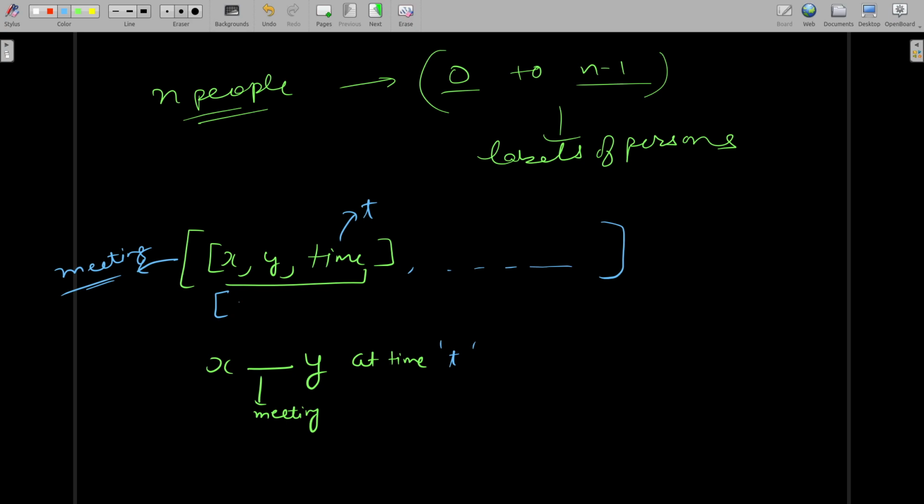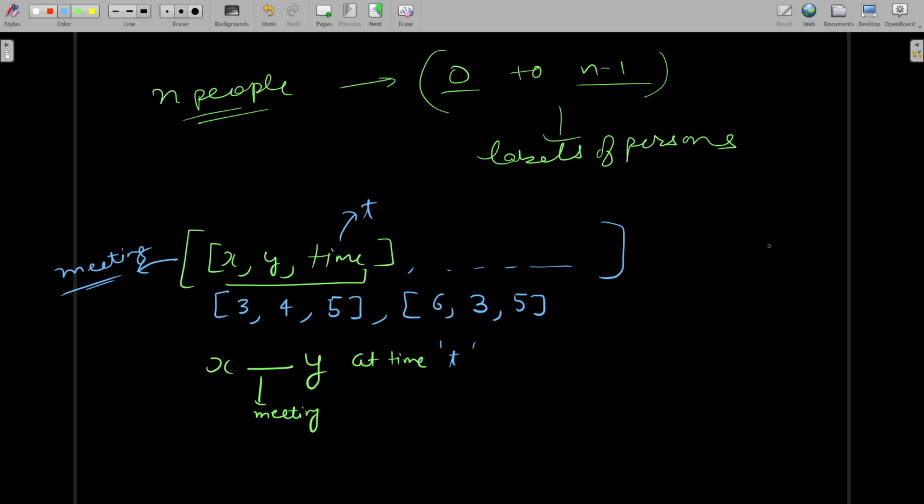There is a person 3, who is attending a meeting with 4, okay, at time let's say 5, and there is a person 6 who is also attending a meeting with 3, and this meeting is also happening at time 5.